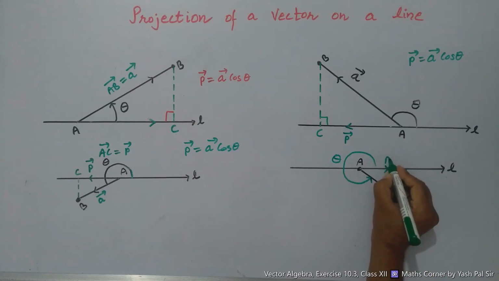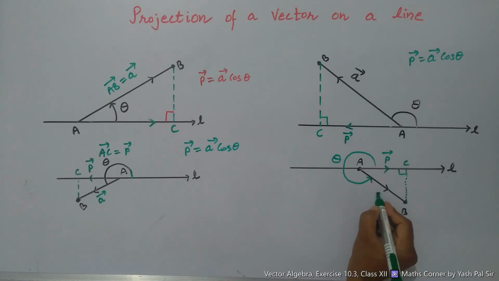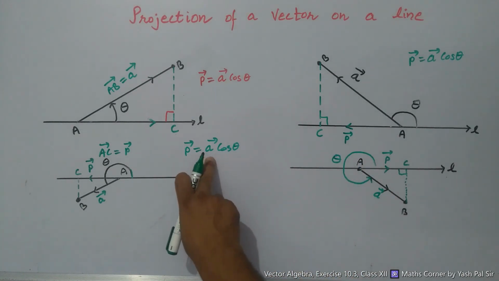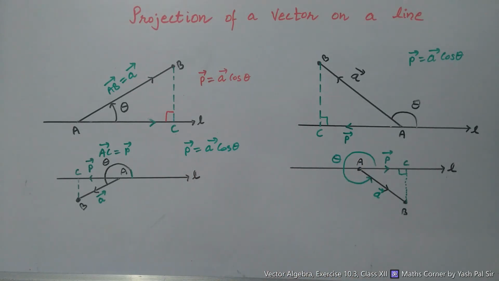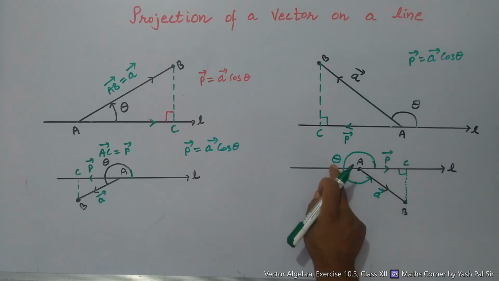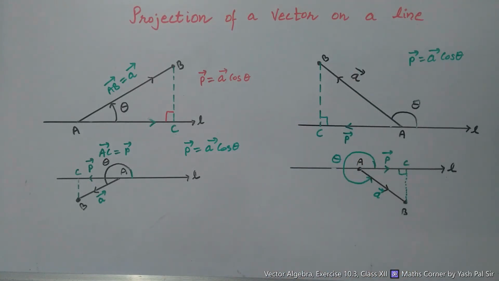So this is the projection vector and this is the given vector. So in each case the projection is equal to vector A into cos theta. So the result depends on the value of theta, the given angle.